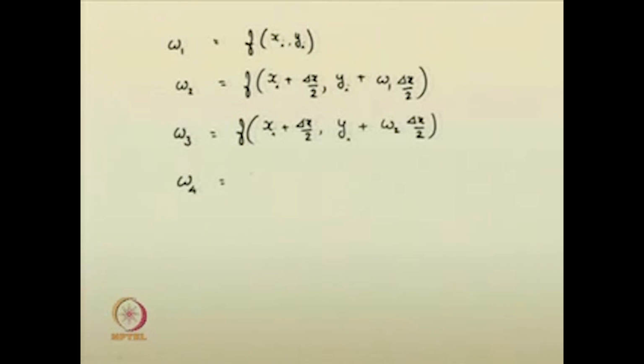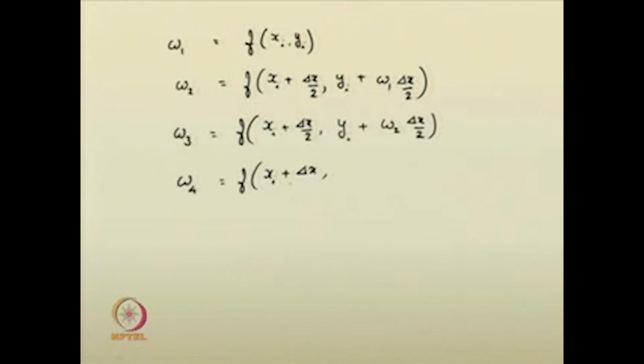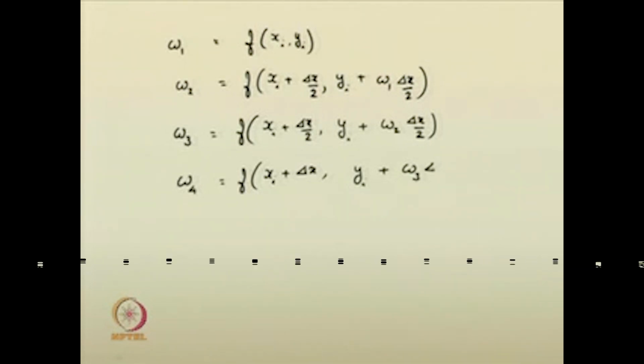And omega 4 is the function at xi plus del x. Please note, it is xi plus del x, that is xi plus 1, and yi plus omega 3 del x. So, the new slope obtained, omega 3, is now applied to the entire small reach.